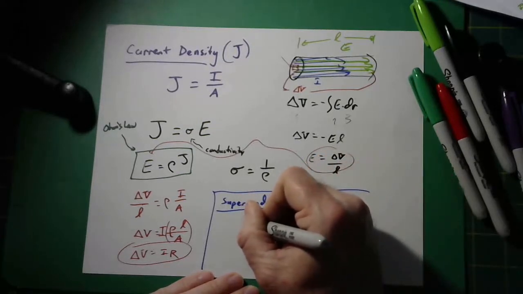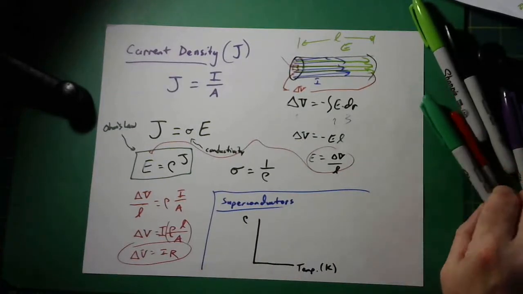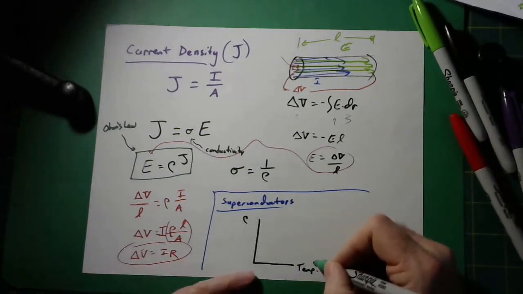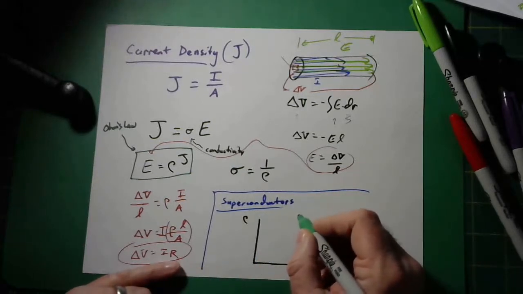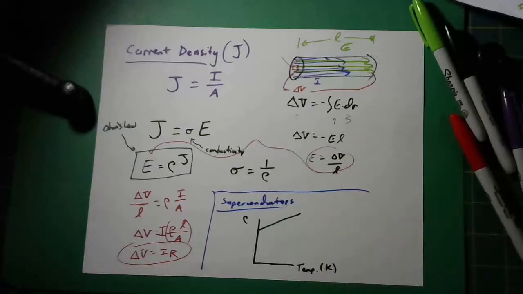We'll say the resistivity. Most materials would follow a graph that looks something like this. When the temperature is high, the resistivity is high. When the temperature gets low, the resistivity gets low. And the graph will be relatively linear for most materials. We'll give a nice linear plot.